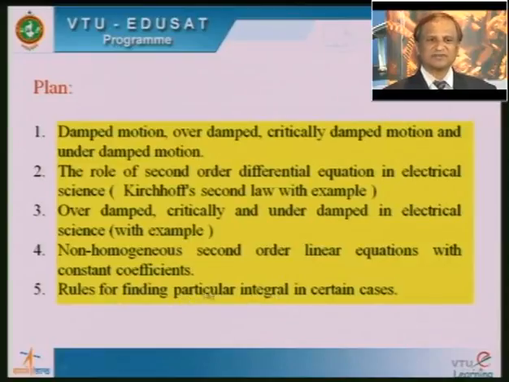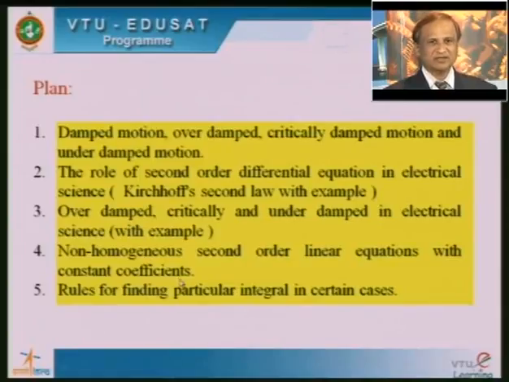For that I have to observe the type of the right hand side member f of x. Suppose it is e to the power ax, how do we find the particular integral? Sometimes it may be of the type x raised to m, where m is a positive integer. In that case, how do we calculate a particular solution?